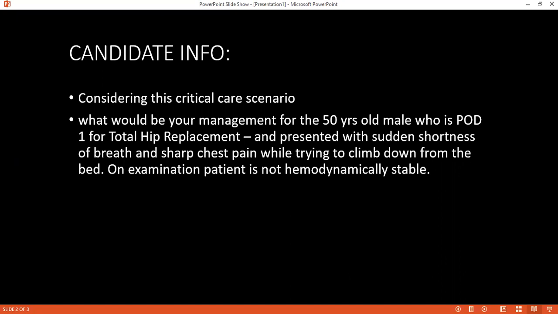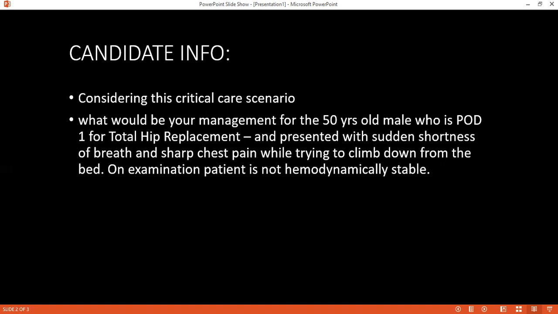Can you tell me, if the patient is post-op day 1 and is suspected of having pulmonary embolism, how would you take care of thrombolysis of this patient? The patient is hemodynamically unstable.